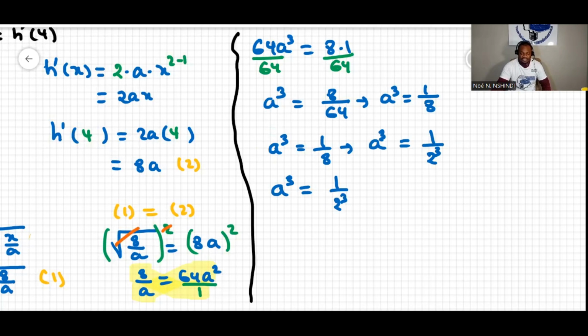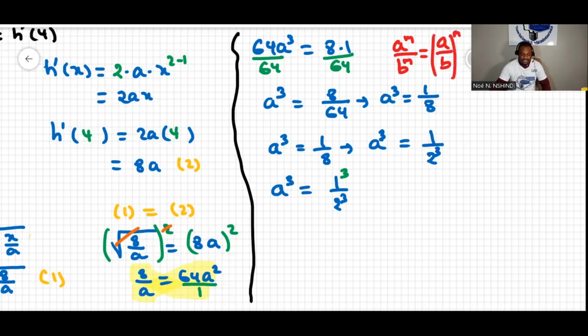There's a law that says a to the power of m over b to the power of m, because the exponents are the same, we can just write (a over b) to the power of m.